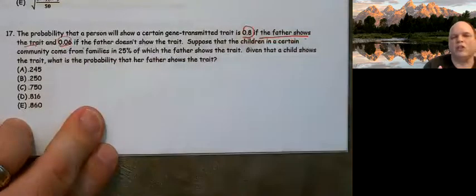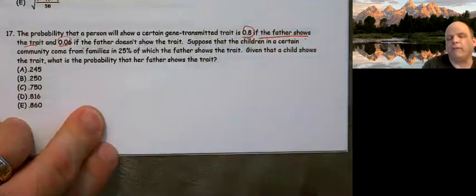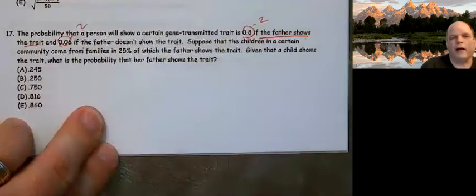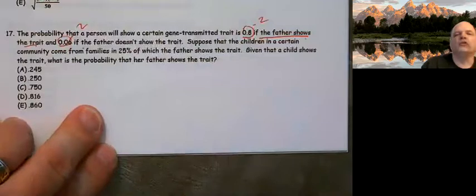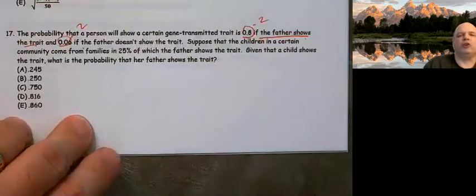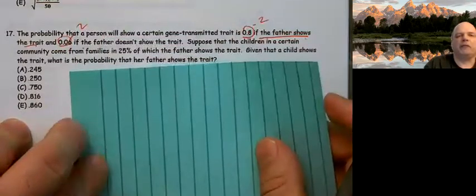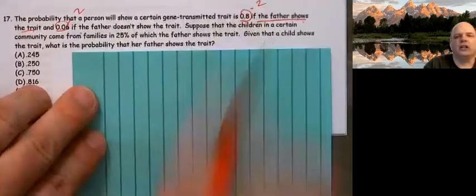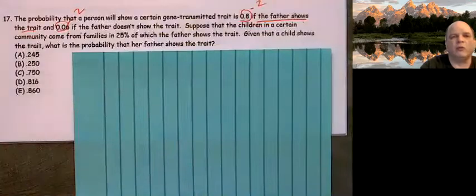So this has a condition. Both of these have two variables, whether the father has it and whether the child shows the trait or not, okay? Suppose that children in a certain community come from families where 25% of the time the father shows a trait, given the child shows a trait, etc.